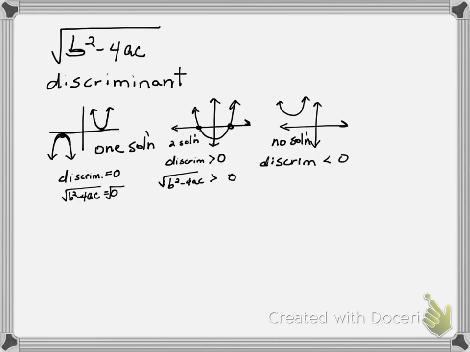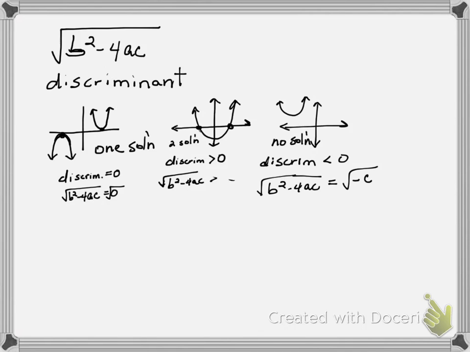So your b squared minus 4ac is going to be a negative number.